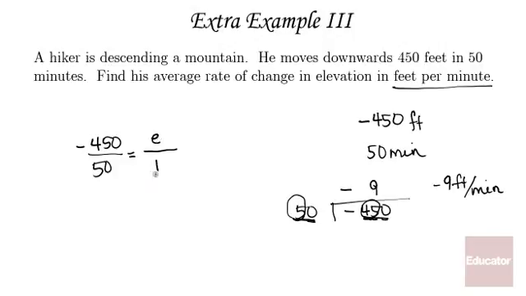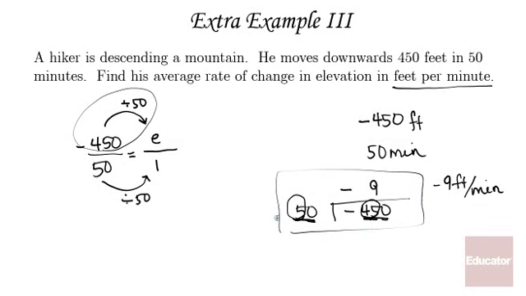And then to solve the proportion, 50 becomes 1 when you divide by 50. And so we would do the same on top, divide by 50 on top. And this problem is just negative 450 divided by 50, which we have done here. And so your elevation would equal negative 9 feet per minute.